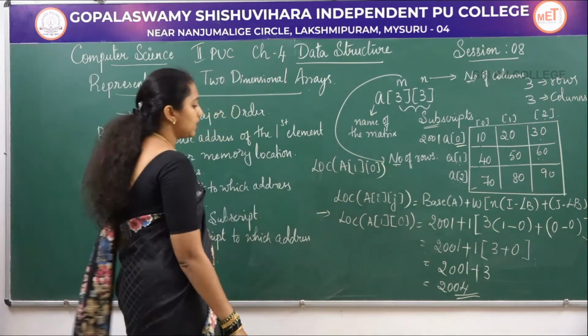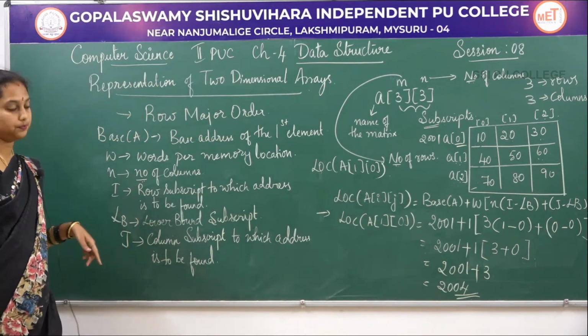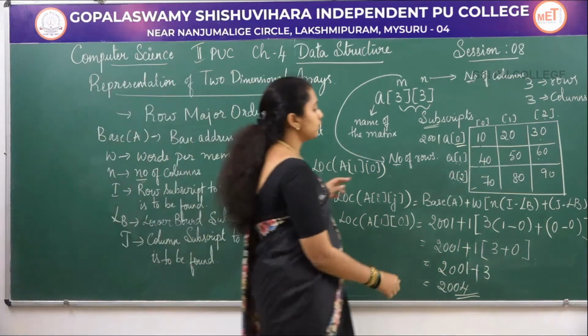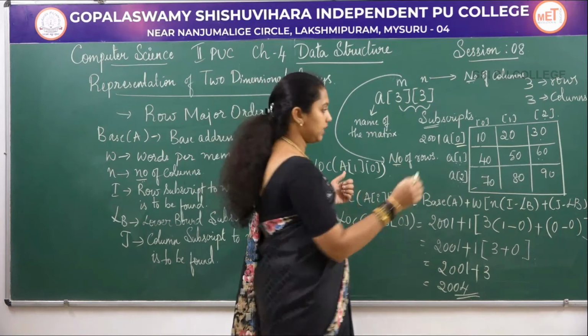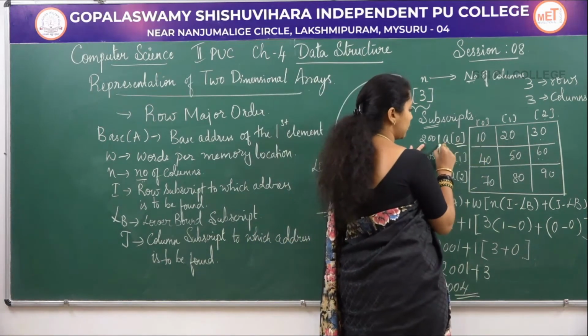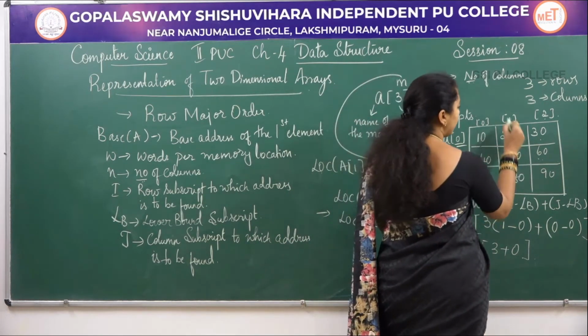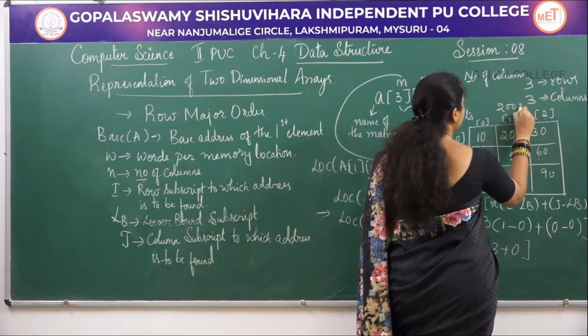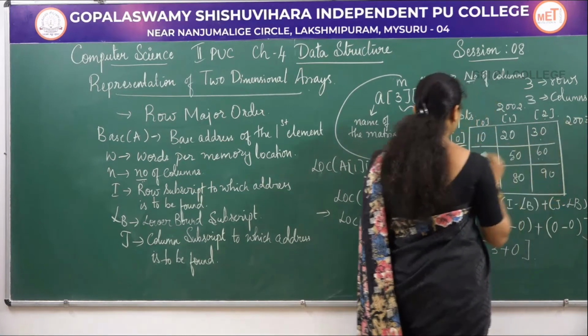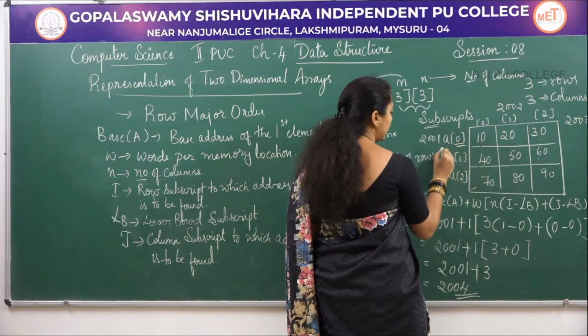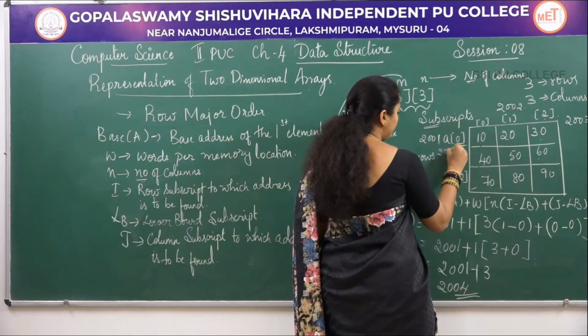So check whether it is correct or not. According to the row major order representation, the address of 10 is 2001 and address of 20 is 2002, address of 30 is 2003, address of 40 is 2004.